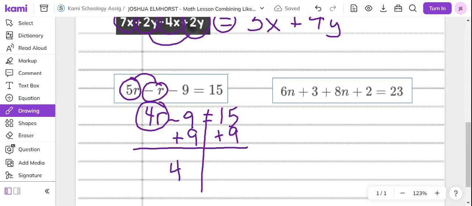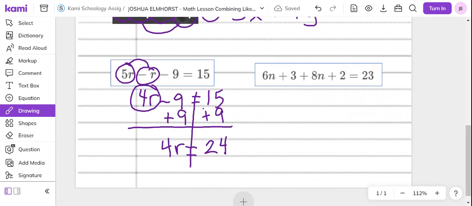So this is going to be 4r equals 15 plus 9, which is going to equal 24. You could go one step further and go ahead and solve this just by dividing both sides by 4. So r equals 6.